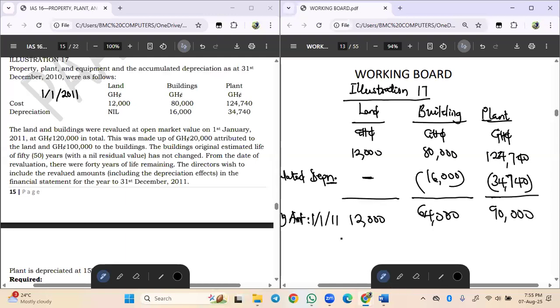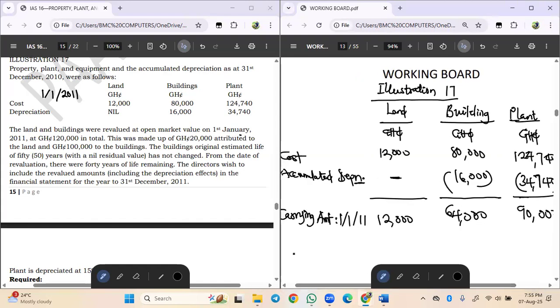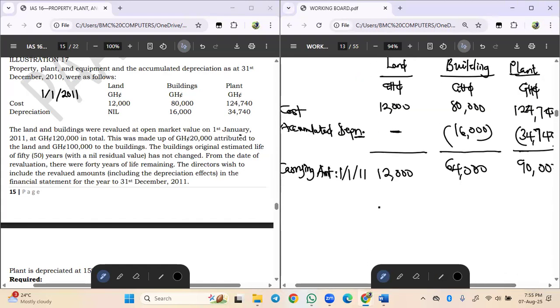So the revaluation happened on 1st January 2011, the same date. That means there was no revaluation for this one. So that one is still 90,000.